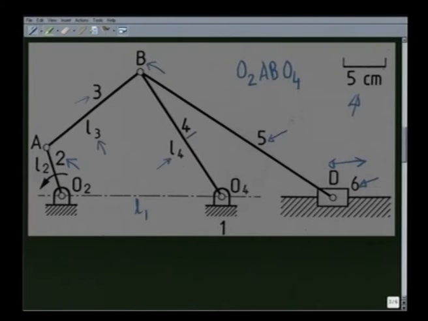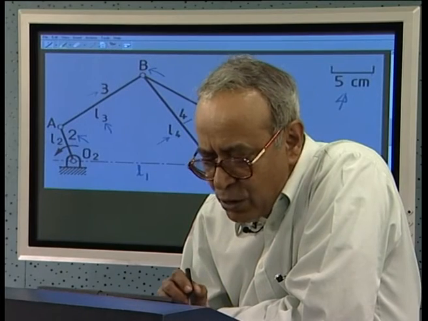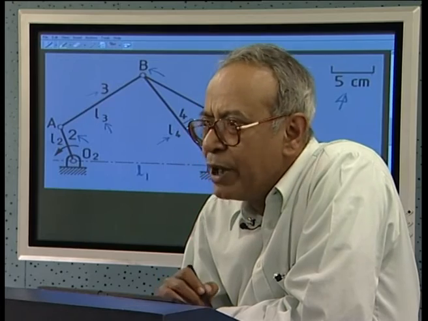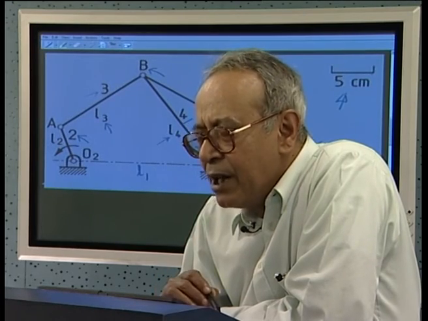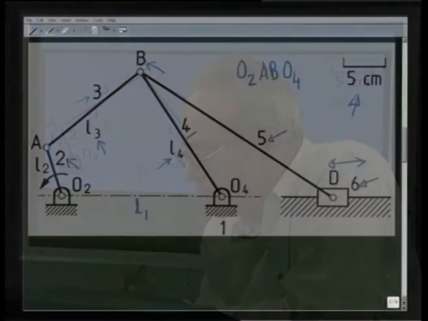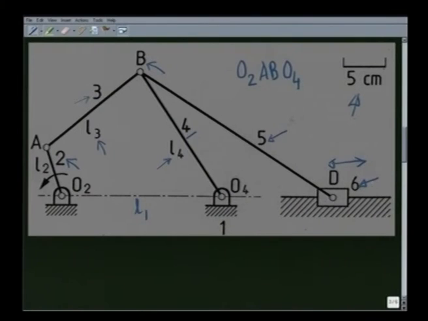So, this is a Grashof linkage with O2A as the shortest link. Consequently, this link O2A will rotate completely. We have to find out what is the maximum rightmost position of this point D and what is the leftmost position of this point D, such that I can determine, say, DL and DR, which will give you the stroke length of the slider 6.